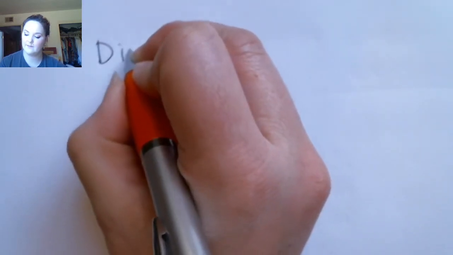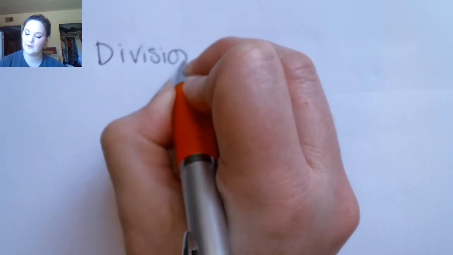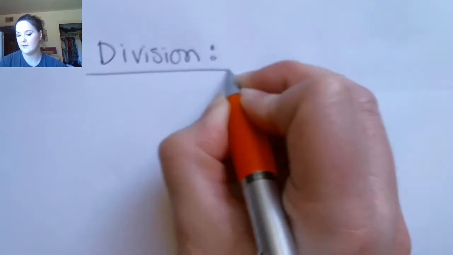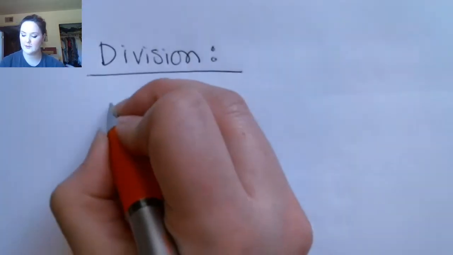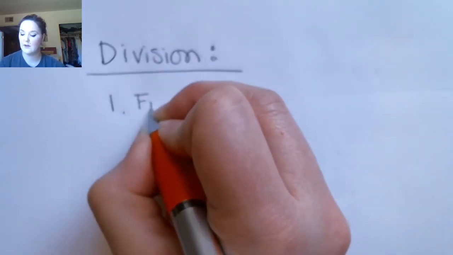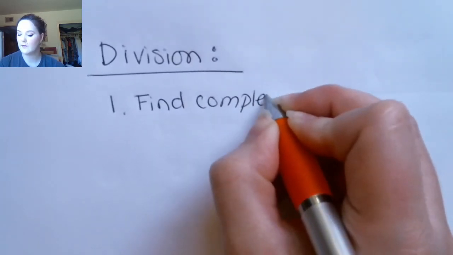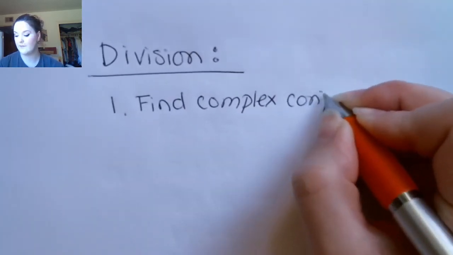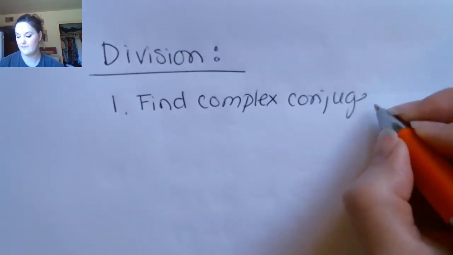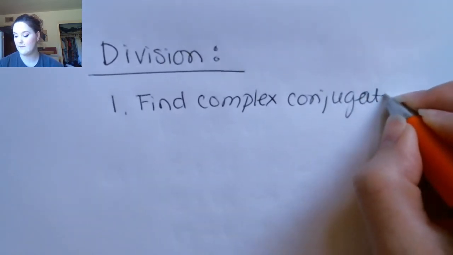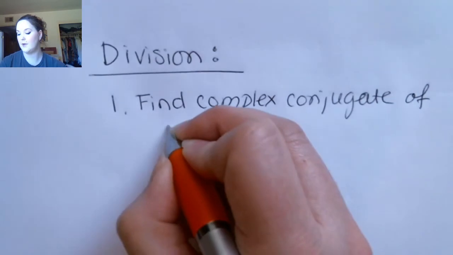All right, so now let's talk about how we're going to do division. This one has a couple more steps. The first thing we're going to do is find the complex conjugate of the denominator.